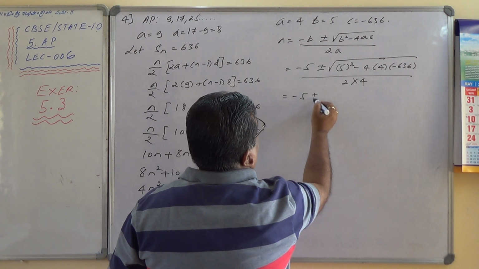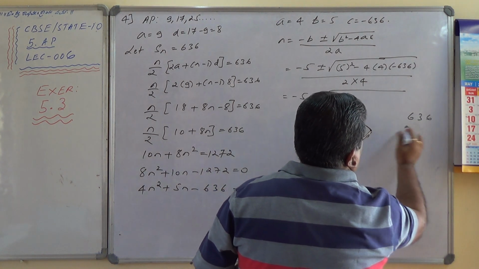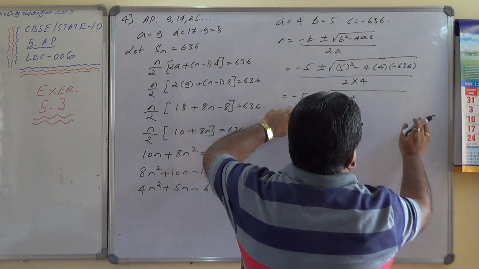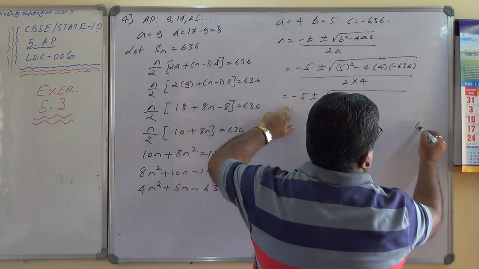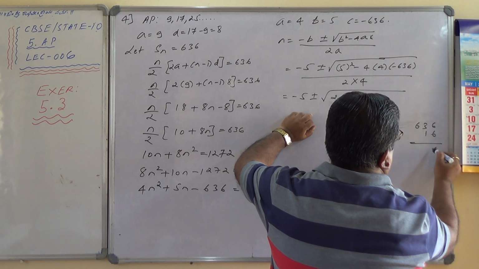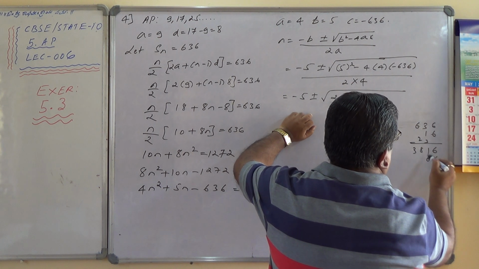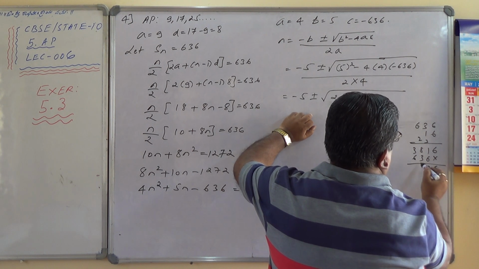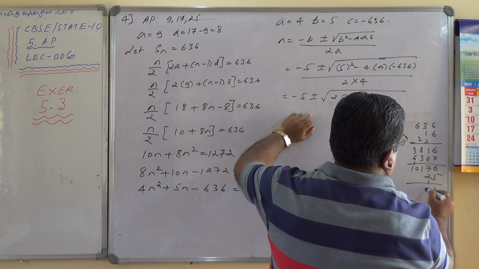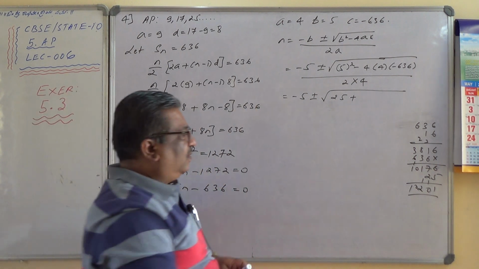So this equals under root of 25 plus 16 into 636. 16 times 636 is 10176, plus 25 is 10201. So let me find the square root of 10201.